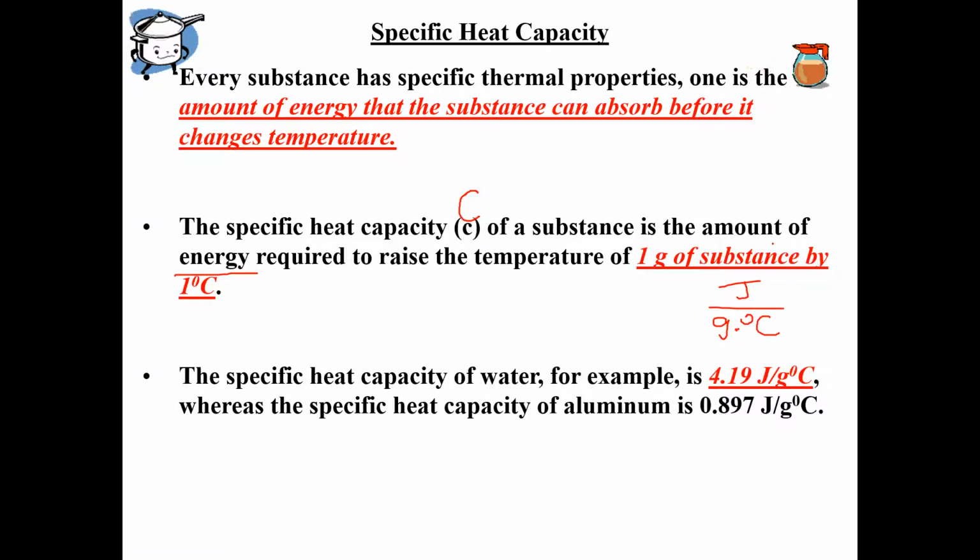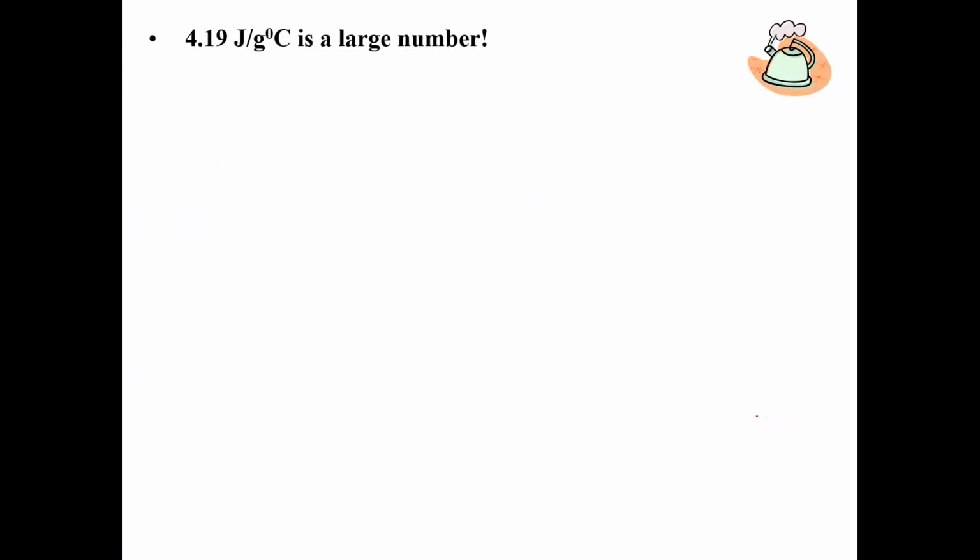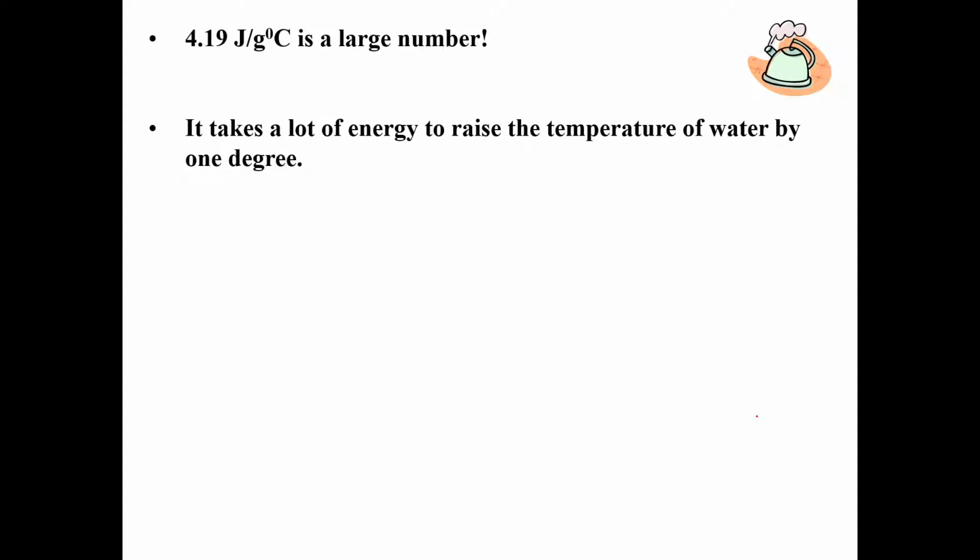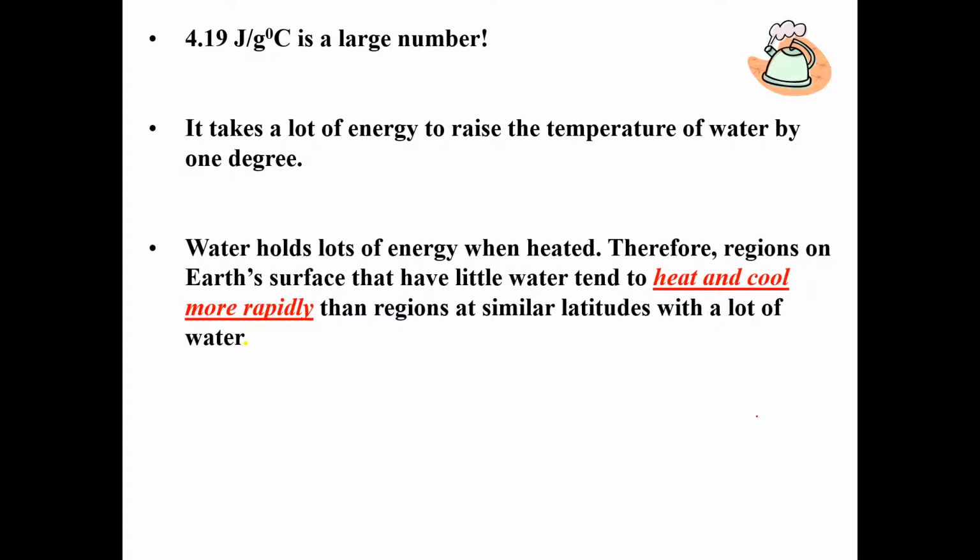Put your hand on it, but that is still only 0.897 joules per gram degree Celsius. 4.19 joules to increase the temperature of 1 gram, only 1 gram of water, by 1 Celsius. That is a huge number compared to most things we experience, which means it takes a lot of energy to raise the temperature of water even just by 1 degree.